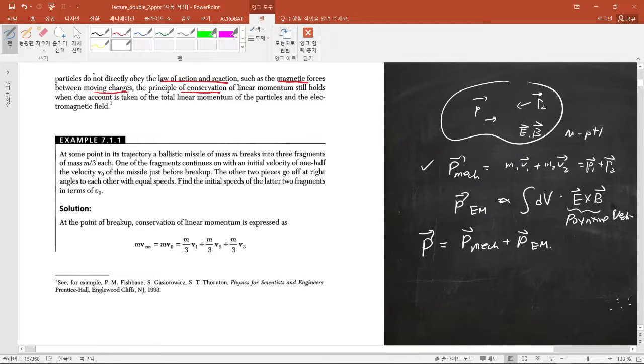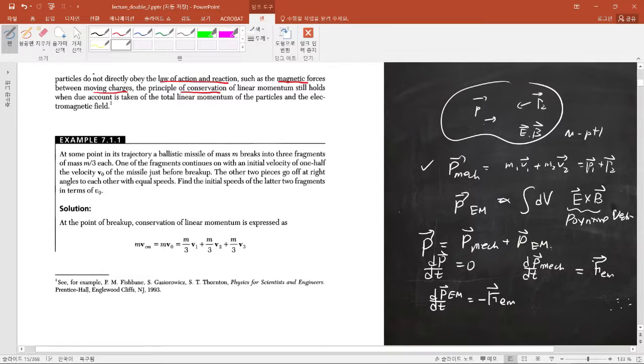If you calculate all these things, then dP over dt is equal to 0. It means that dP mechanical over dt is the opposite of this, the created electromagnetic force, and dP em over dt is minus F electromagnetic field.